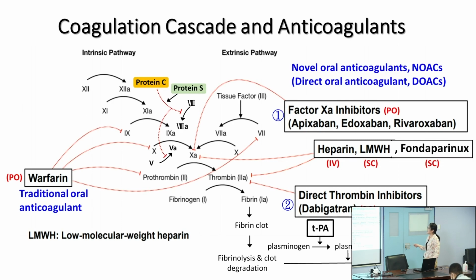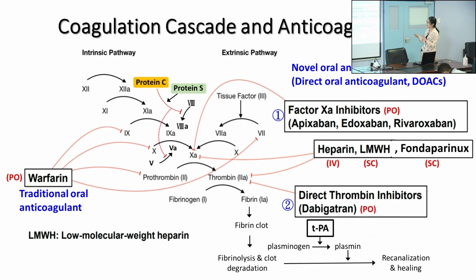I think this one is not too unfamiliar for you. You know that one, right? This is the coagulation cascade. Before we look at the anticoagulants, you have to know about the physiological mechanism of coagulation in the body first. I'll just give you a brief review.